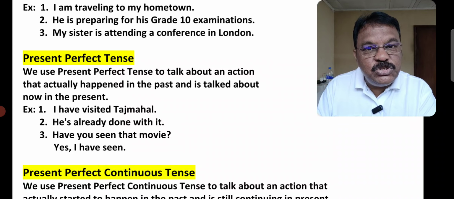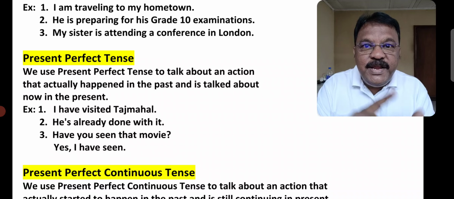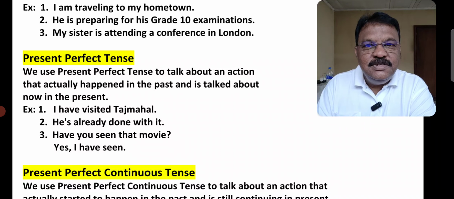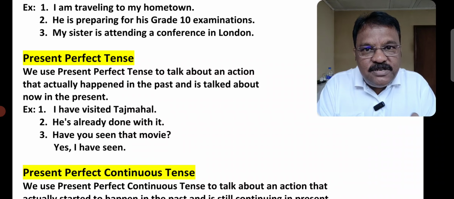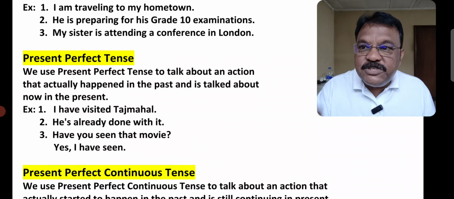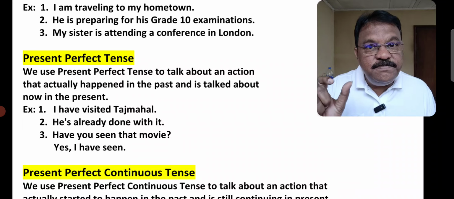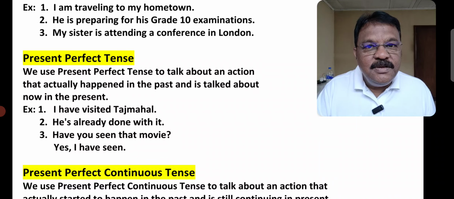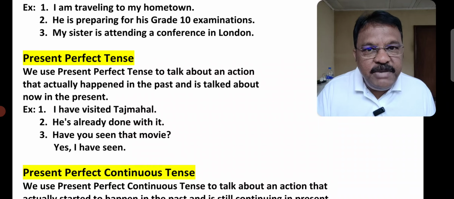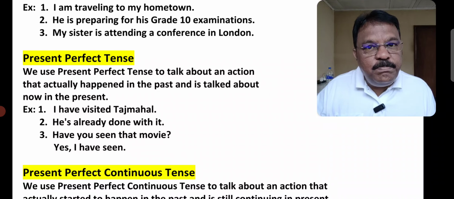You are asking him now, that is present, to know what he did in the past. So we combine the present and the past together in present perfect tense. The word present means present time. The word perfect means the time past. Do you understand? Very good.